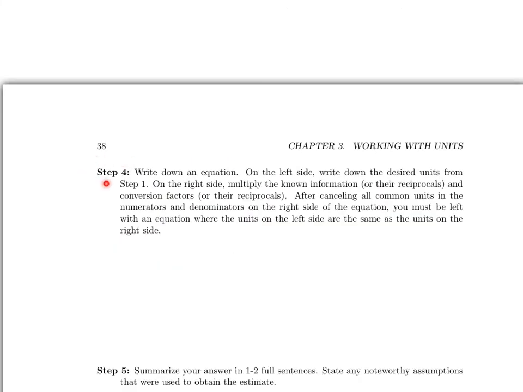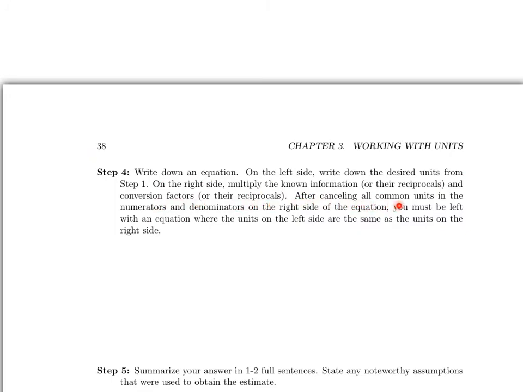Okay, now let's move to step 4. We need to write down an equation. On the left side of the equation, we're going to write down the desired units from step 1, and on the right side of the equation, we're going to multiply the known information, or possibly their reciprocals, and the conversion factors or their reciprocals.